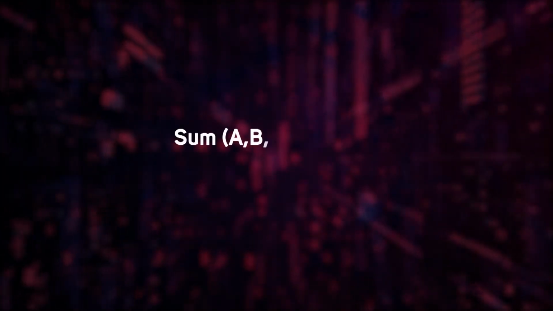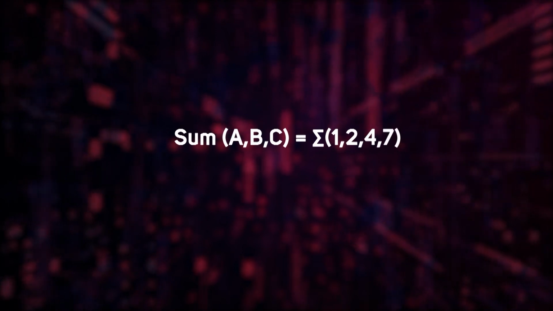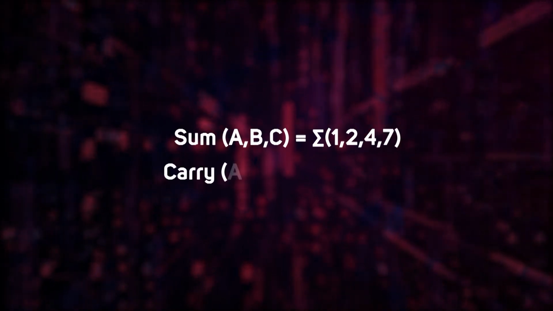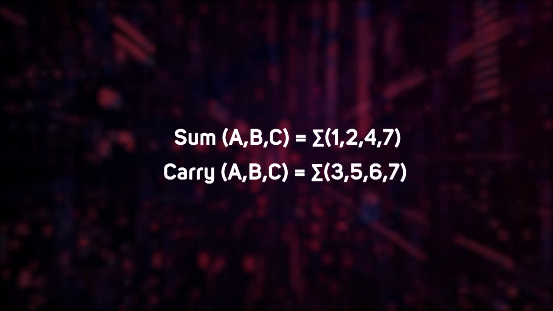For example, let us implement a full adder circuit by a decoder. You may refer to module 16 to refresh on the topic of full adders. There we have derived the expression for sum and carry of a full adder. The expression for sum is sum of ABC equal to summation 1, 2, 4, 7, and for carry, carry of ABC equal to summation 3, 5, 6, 7.